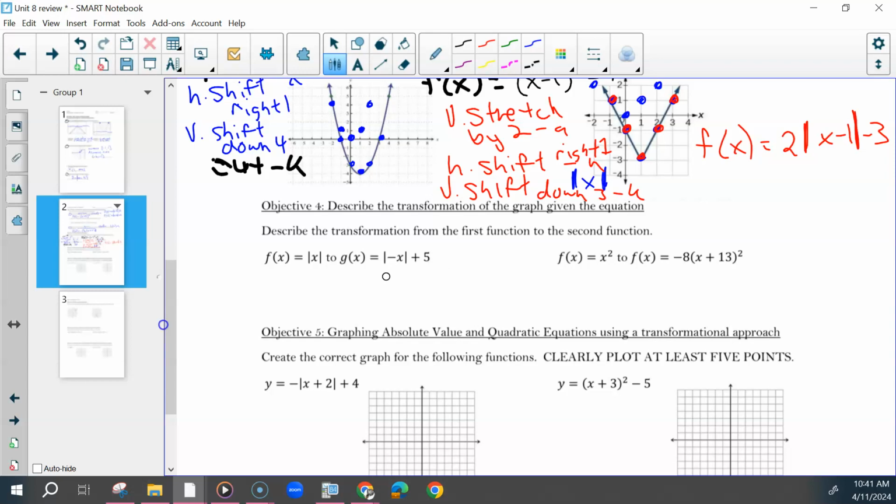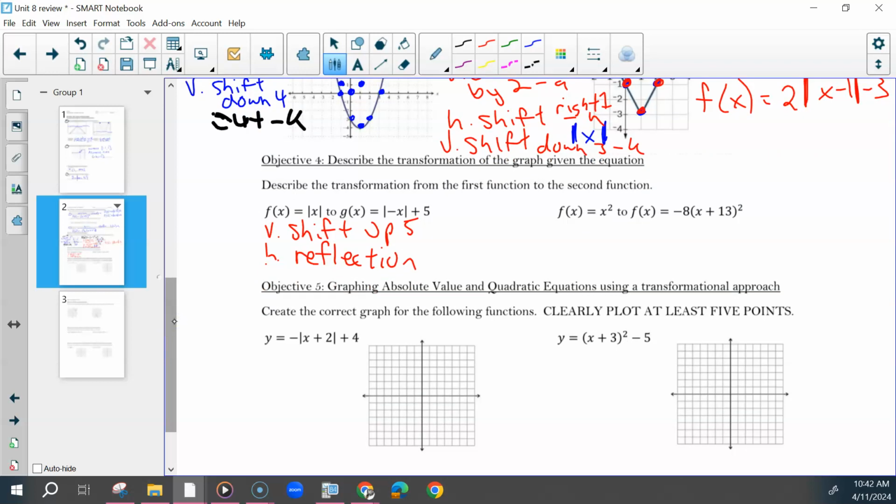What 2 things happen here? It went not down but up. So that would be vertical shift up 5. What else did it do? That negative does what? Not a shift, not a stretch. Reflect. It's on the inside, so horizontal reflection, or reflect over the y-axis. What happened in the second one?